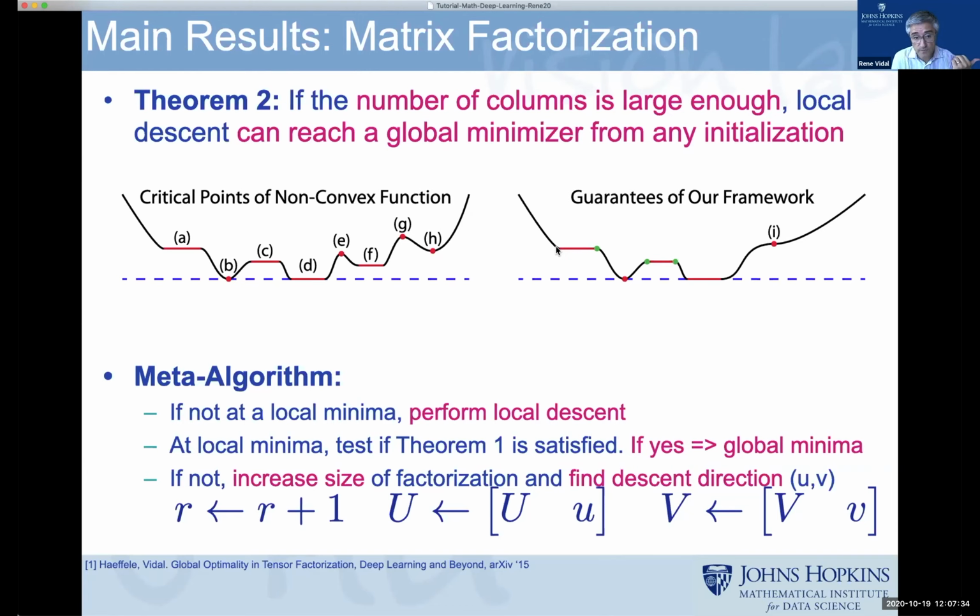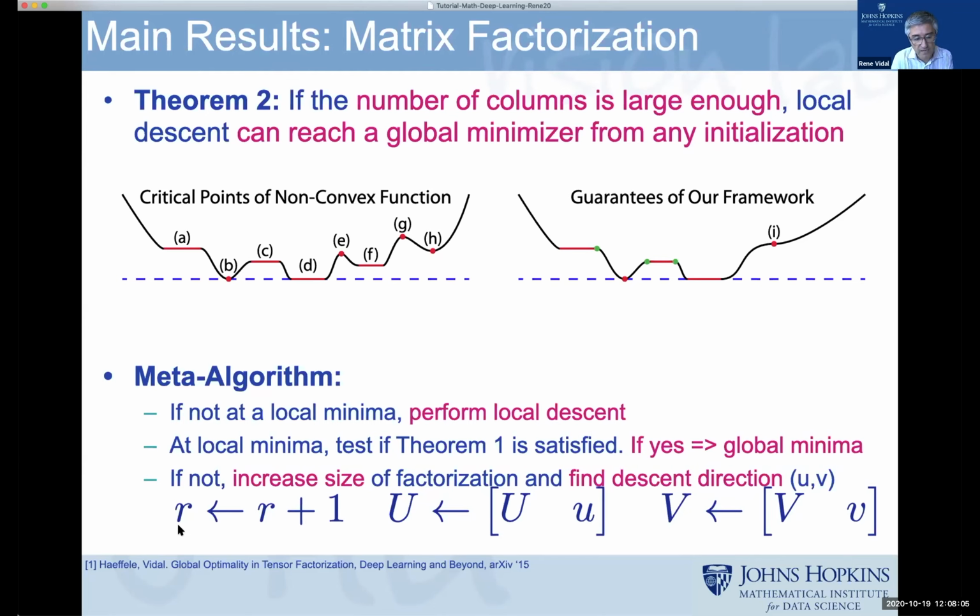Now you ask the question, well, am I at a global minimum? How do I know? Well, the weights would need to be 0. That was the first theorem. And so clearly here, I'm not at a global minimum. So the answer to the first question will be no, you're not. And so what I'm going to do is that I'm going to augment, add an extra neuron. Once I do that, I'll be able to take a descent direction and continue. So how do I do that exactly?